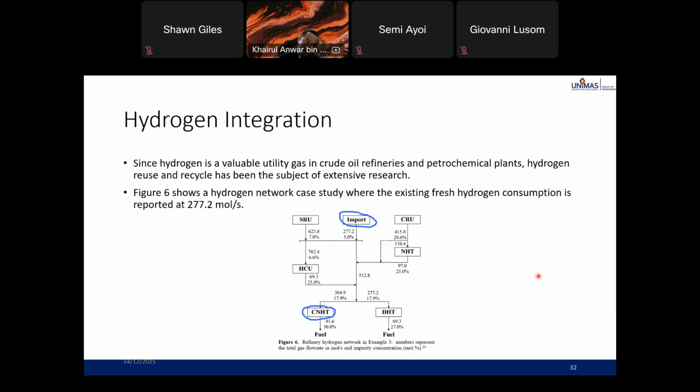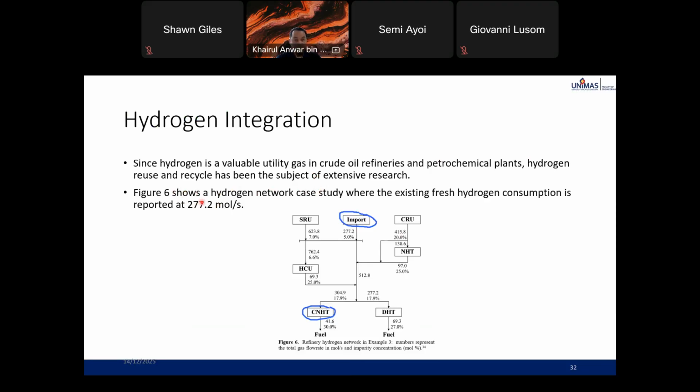Hydrogen integration. Since hydrogen is a valuable gas in crude oil refineries and petrochemical plants, hydrogen reuse and recycle has been the subject of extensive research. This refers to example 3 in the paper.